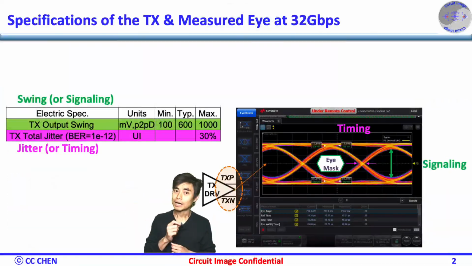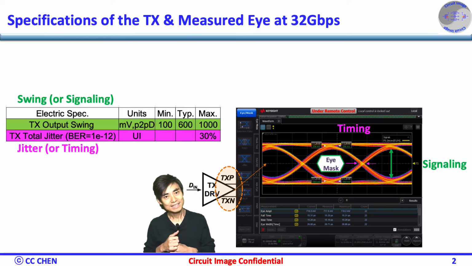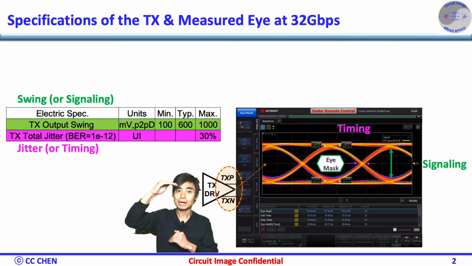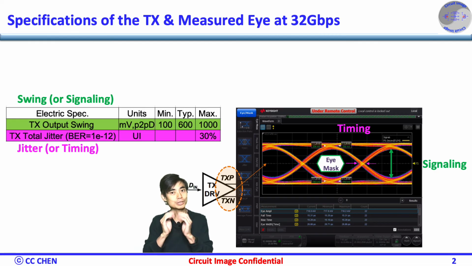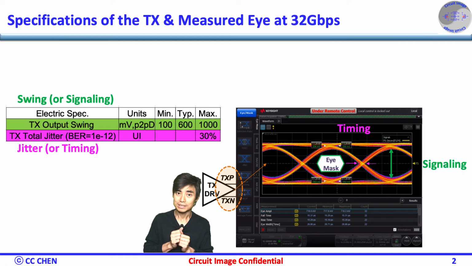Let's start to look at the TX specifications, and you'll realize that the TX eye mask might be more straightforward than the RX eye mask. As you can see, the TX output swing defines the required signaling margin, and the jitter defines the timing margin in most specifications.